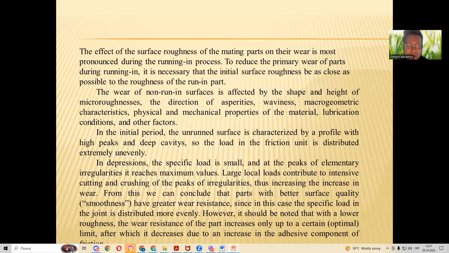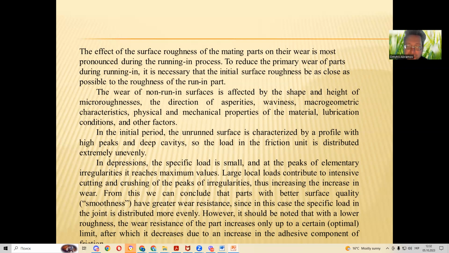The wear of non-run-in surfaces is affected by the shape and height of micro-roughness, the direction of asperities, waviness, macrogeometric characteristics, physical and mechanical properties of the material, lubrication conditions, and other factors.